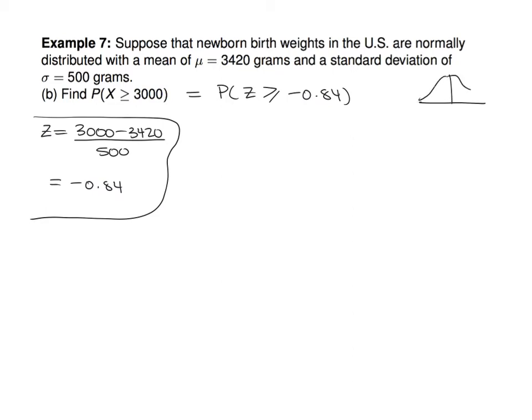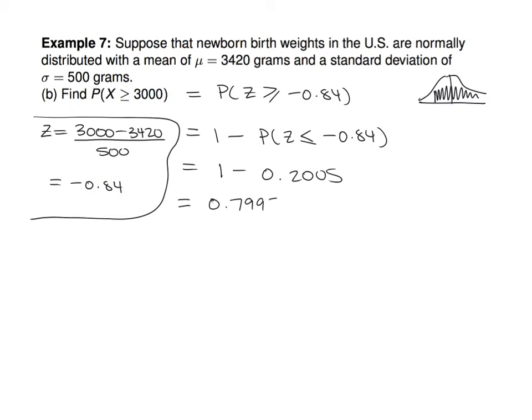Well, that's the same as 1 minus the probability that z is less than or equal to negative 0.84. Well, that's 1 minus 0.2005, or 0.7995. And remember that your tables, by default, only go down, so you have to do this little complementary action here.